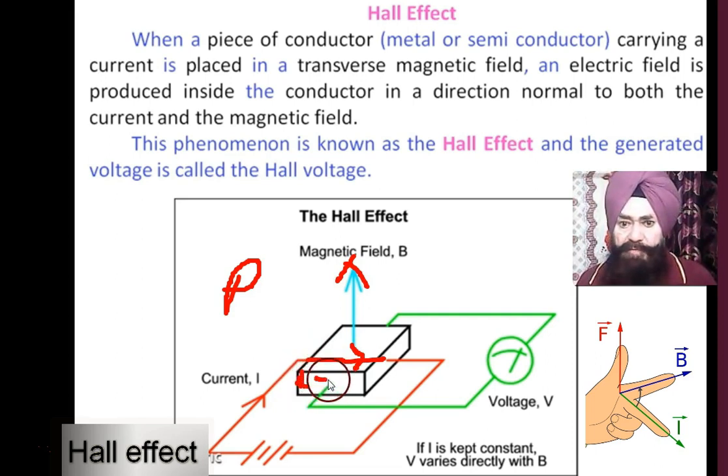Holes mean positive charge, so positive charge starts accumulating here. What is left behind? Negative. Again, separation of positive and negative means establishment of a potential difference. So when the potential difference appears, that is called the Hall effect.